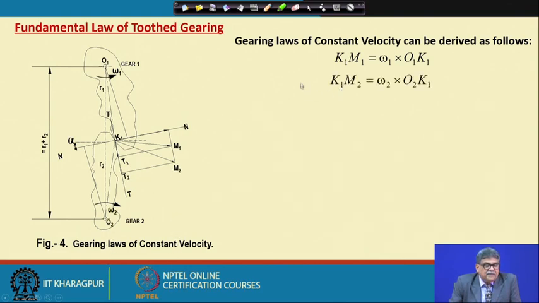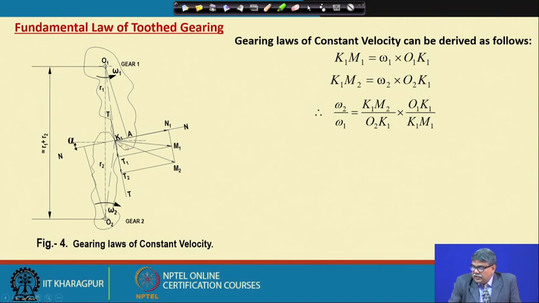If gear 1 is rotating at speed omega 1, then we can draw the velocity vector, which can be written K1M1 equals omega 1 into O1K1.